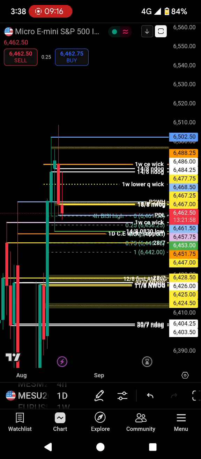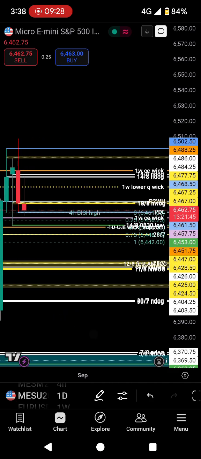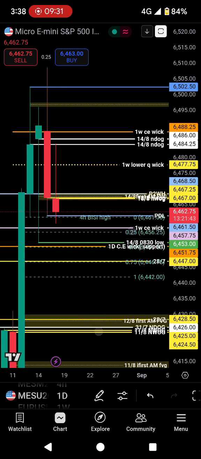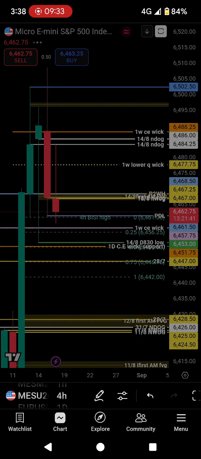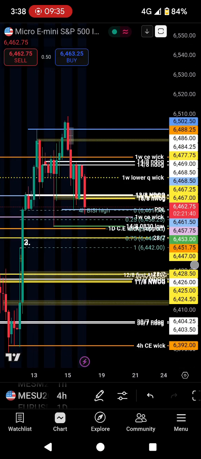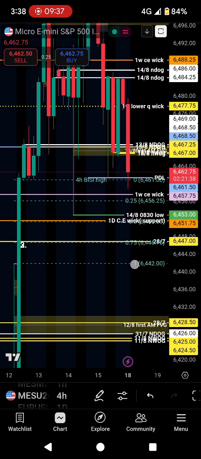Because definitely when you look at the weekly chart, things are looking pretty bullish. Things are looking bullish on the daily chart.